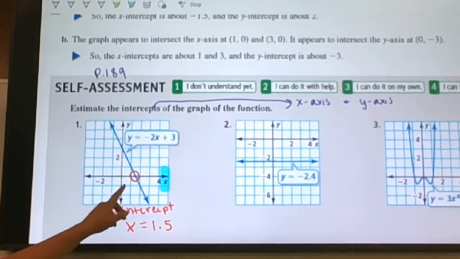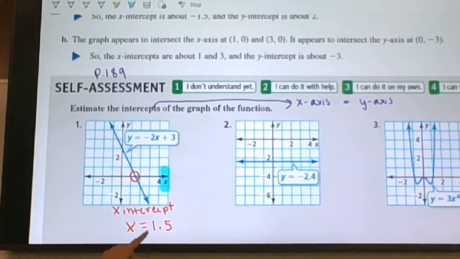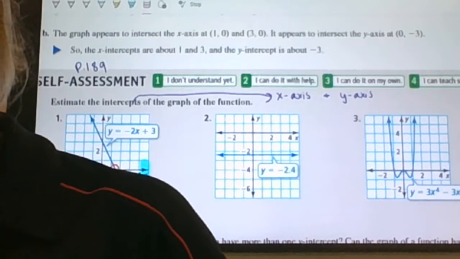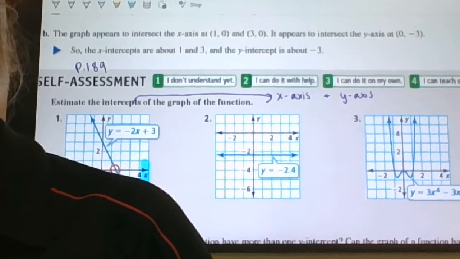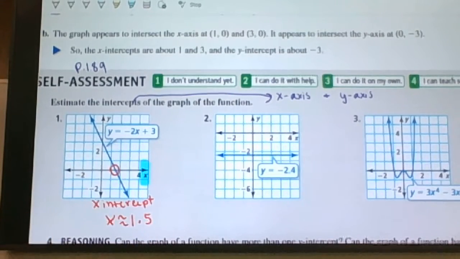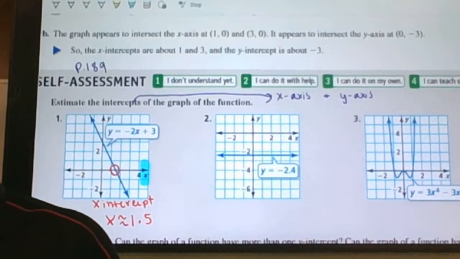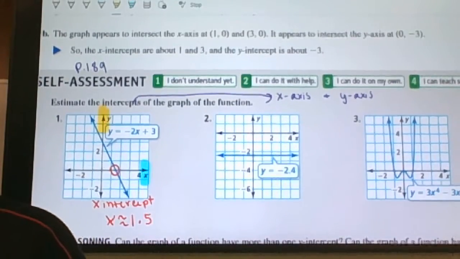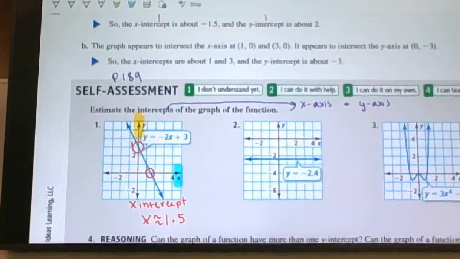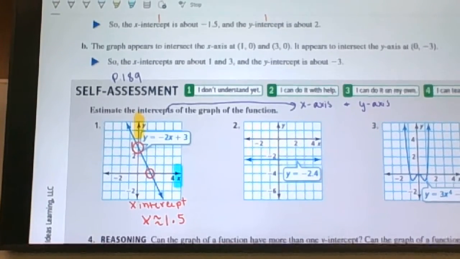I'm going to estimate. It's between 1 and 2, so it's a little bit of an estimate. Actually, if we wanted to show it was an estimate, one great way to do that is with a squiggle equal sign. I'm estimating 1.5 there for the x-intercept. Now there's another axis, and that's the y-axis. There's an intercept on the y-axis. That's called the y-intercept.